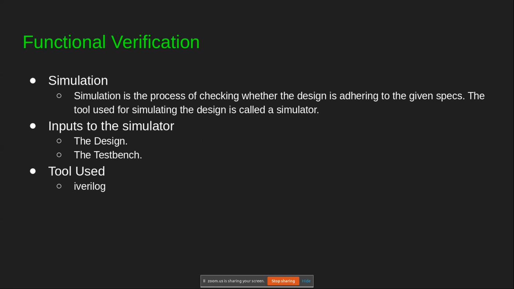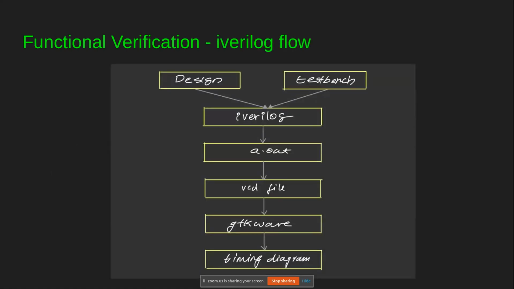The tool we're going to be using here is iVerilog. This is a basic flow which you can use in iVerilog. You have the design as well as the test bench. You pass it to iVerilog, and iVerilog will create an executable. You execute the executable and it will create this VCD file, which is called the value change dump file. You pass it to GTKWave and it will give you the timing diagram. I'll show a demo of all this after the presentation.